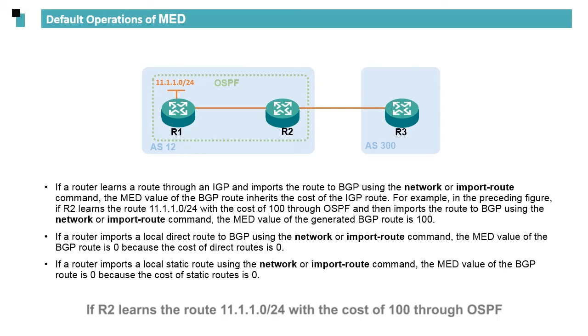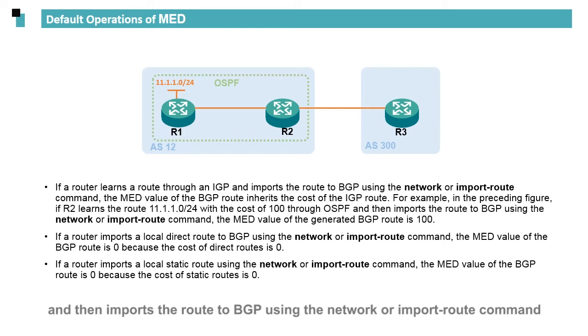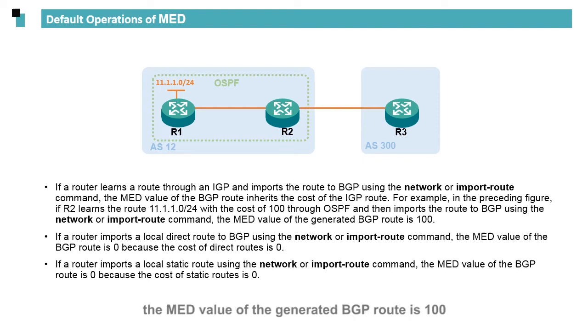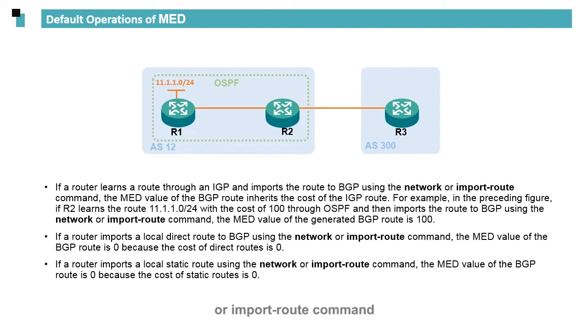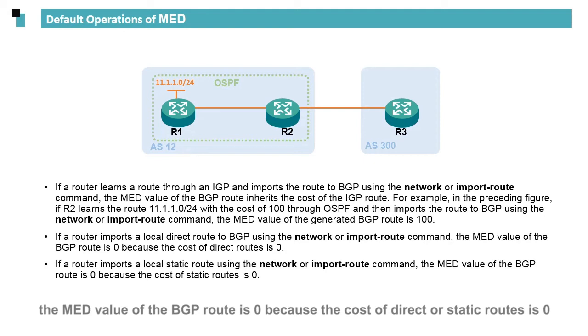If R2 learns the route 11.1.1.0/24 with a cost of 100 through OSPF, and then imports the route to BGP using the network or import-route command, the MED value of the generated BGP route is 100. If a router imports a local direct or static route to BGP through the network or import-route command, the MED value of the BGP route is 0 because the cost of direct or static routes is 0.